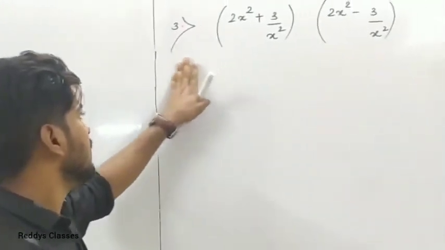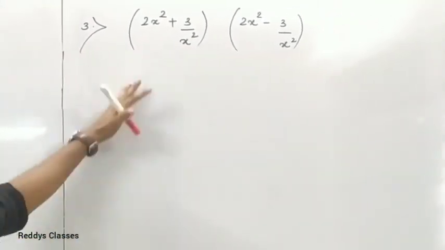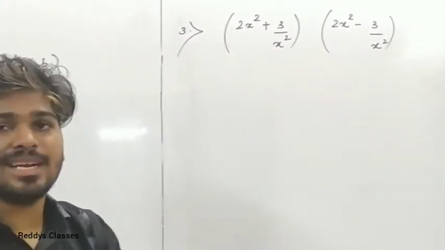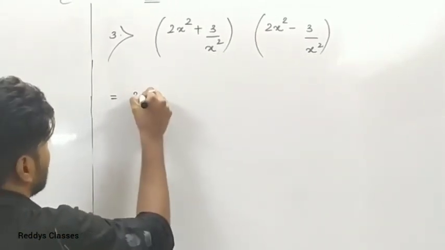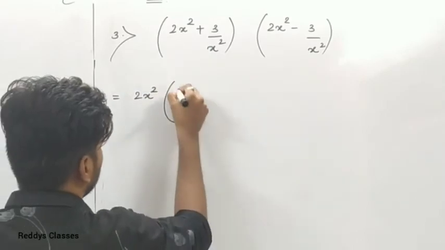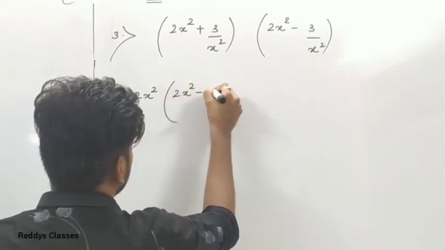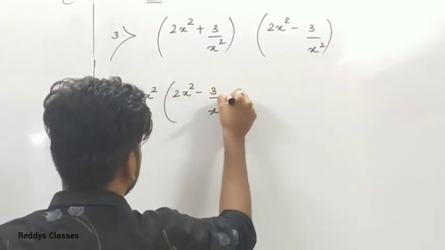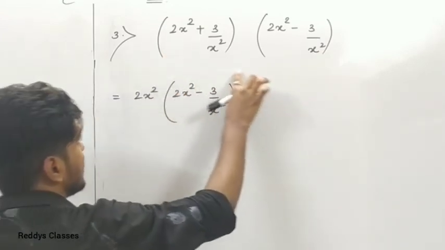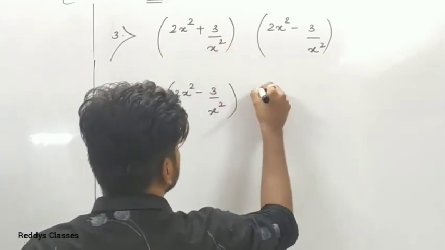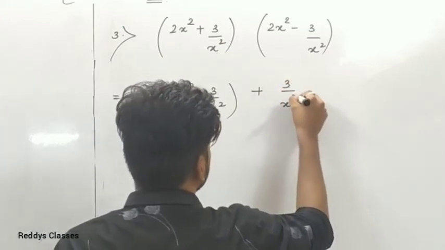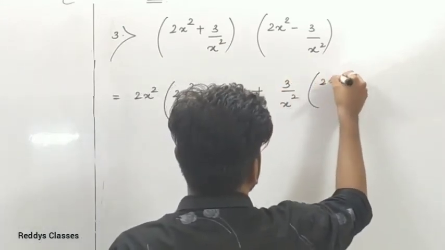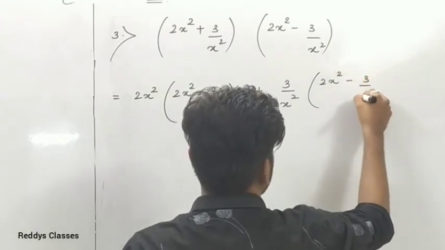See here, we get an equation with numerator and denominator type. We are going to use the same formula here, (2x square plus 3 upon x square)(2x square minus 3 upon x square). Okay, this whole equation with this equation. So what I have is 2x square minus 3 upon x square.